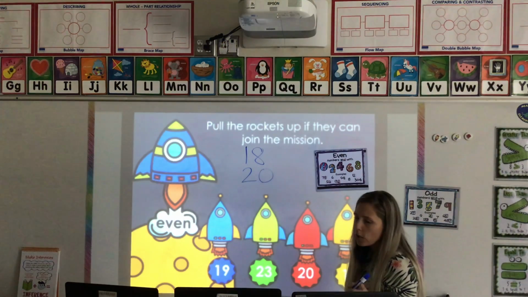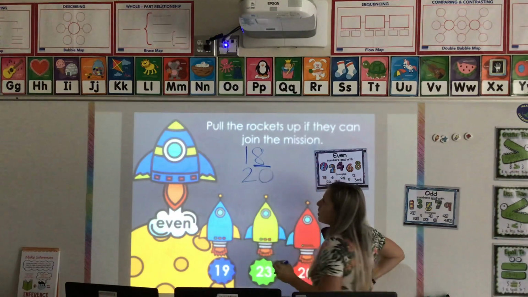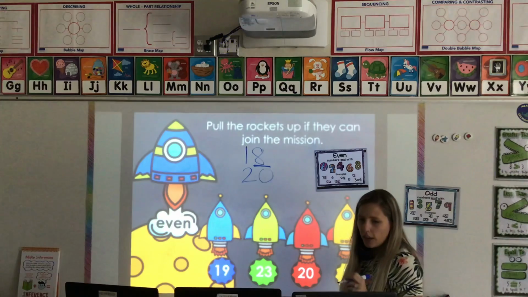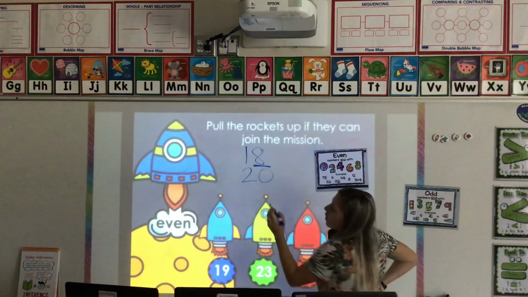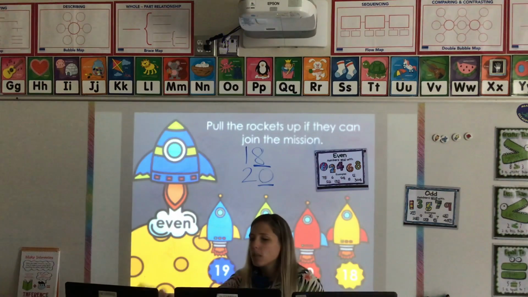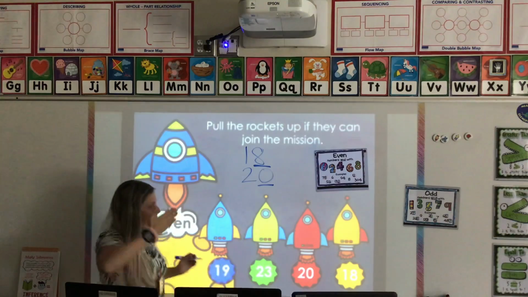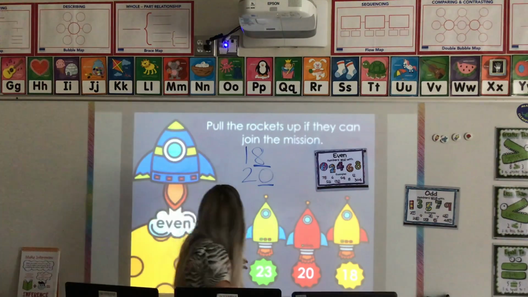Yes, there is a 2 and that's an even number, but you're right with the 8. We're only looking at the number in the ones place. So if we're only looking at the 8, Ianthe, what's the other number we look at? 0. A 0. Good. If you had 18 and 20 on your whiteboards, kiss your brain. Kiss that brain. All right, last one.